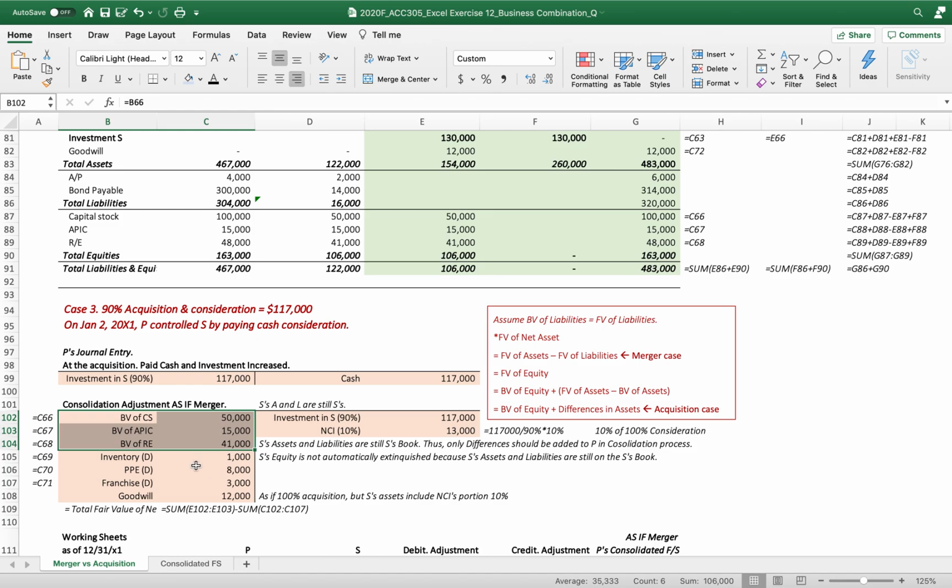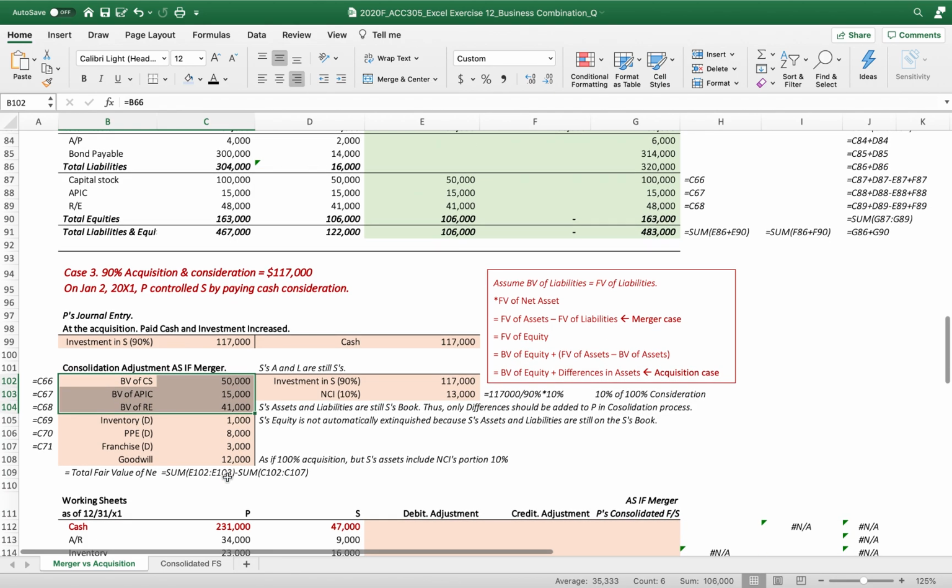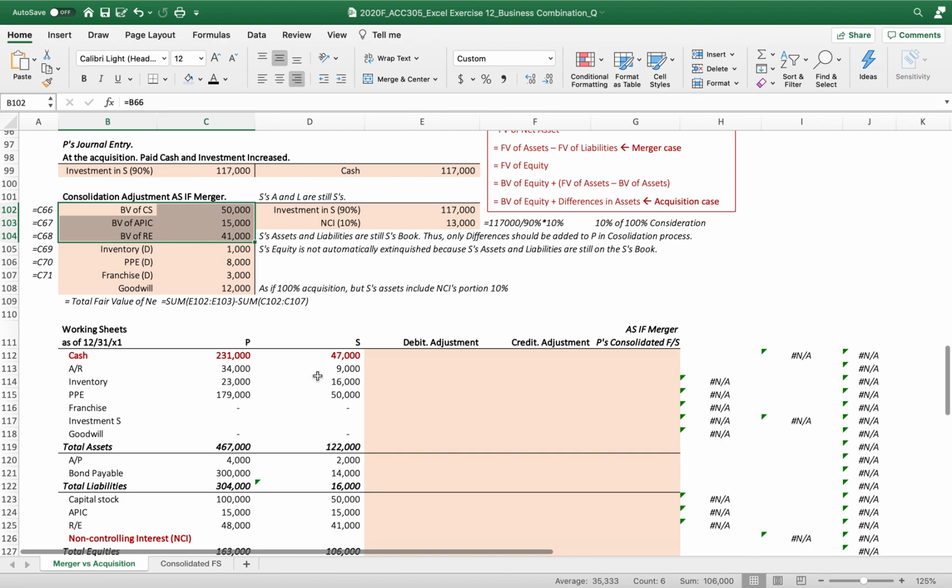That's why we have to manually remove this book value of equity in the working sheet. Again, keep in mind that we do not remove the book value of equity of S company in the balance sheet of the S company. Why? Because the S company still exists, still operating.